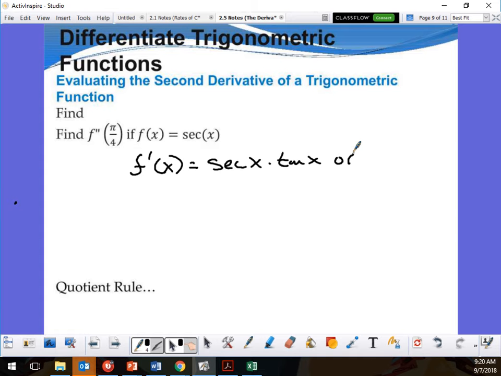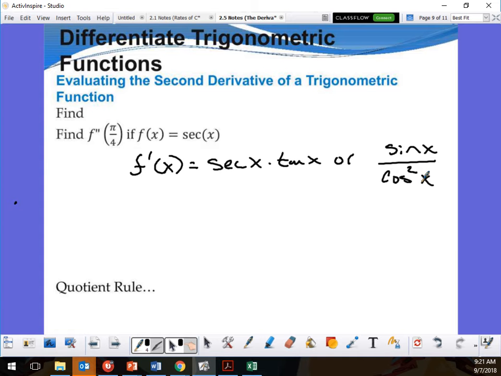And secant is 1 over cosine, right? So couldn't that just be sine over cosine squared? So I could use product or quotient, either way. If you know your trig identities, you could change them up to actually make it a little bit easier for you.